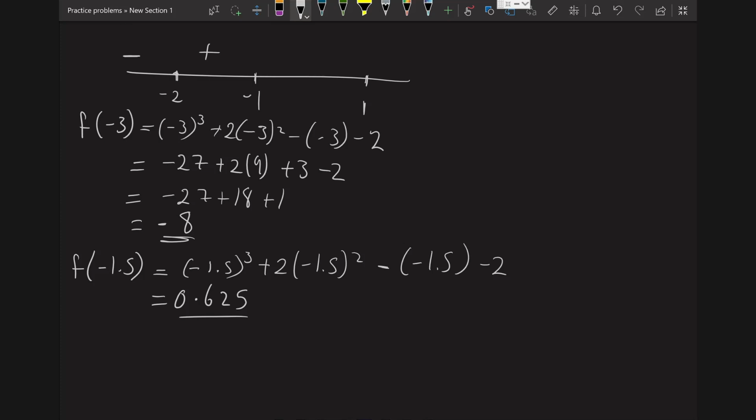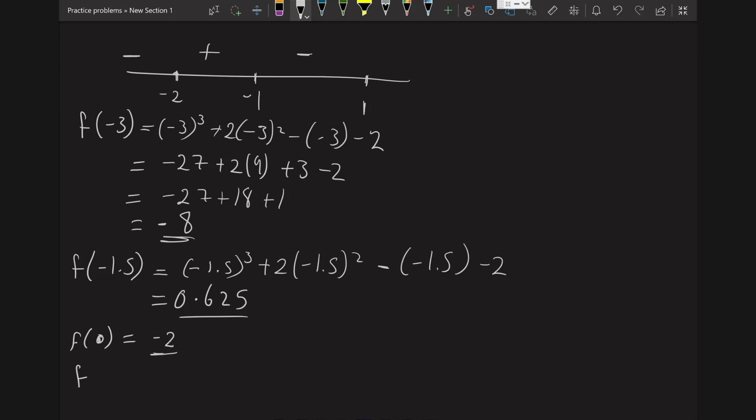Now we need something between -1 and 1. I like to just put 0 in there. So f of 0 is just equal to -2. We know that from the times we've used it before in this question. So that would be a negative number here, so that range isn't correct. And now we need a number bigger than 1.